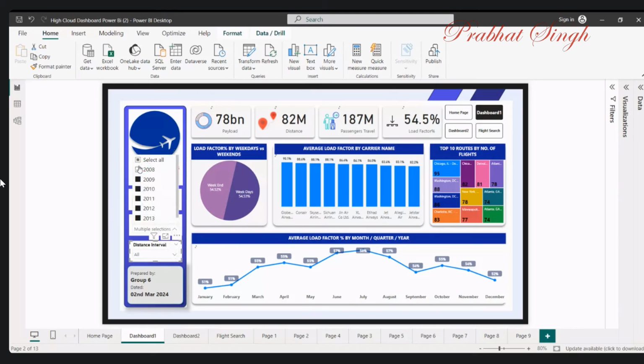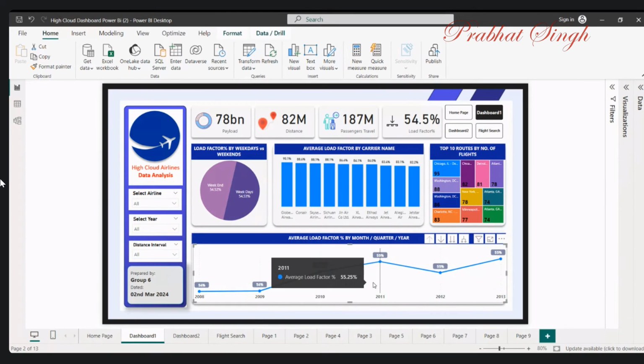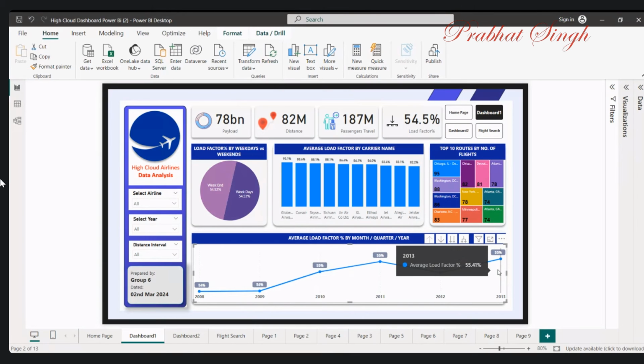By quarter, in quarter 3, it is 56.05 percent. With one more drill up and down for the year, we can see 53.54 percent in 2008, and the load factor increases in the year 2013 to 54.41 percent.